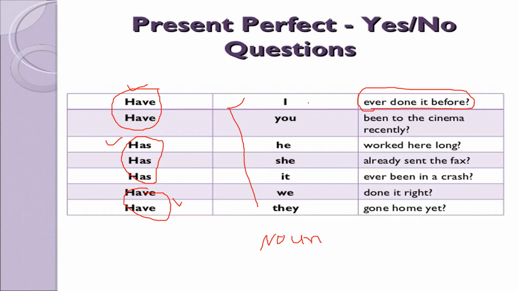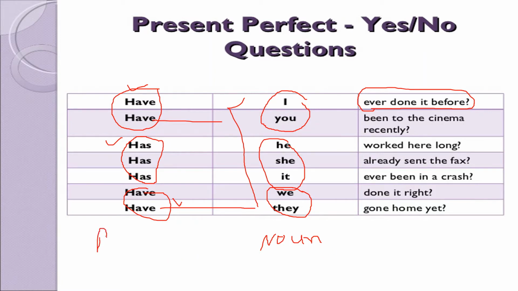We have previously understood as well that we will use have with I, you, we and they, and we will use has with he, she, it, or any singular noun, right? So what do we need to do?